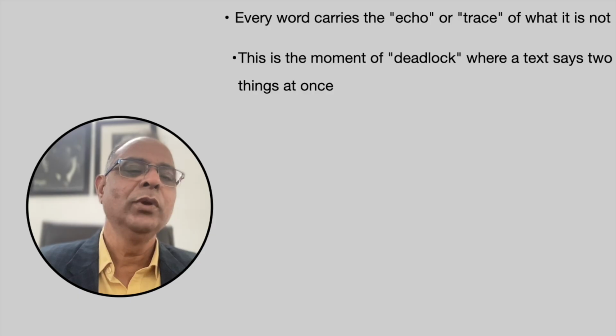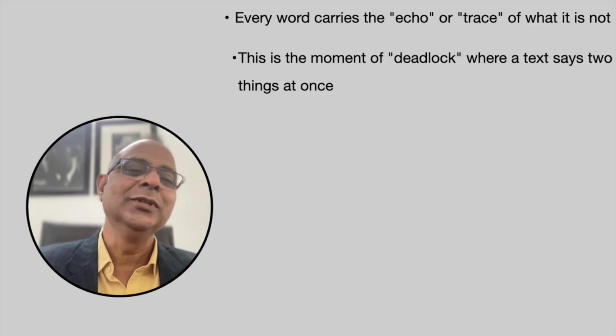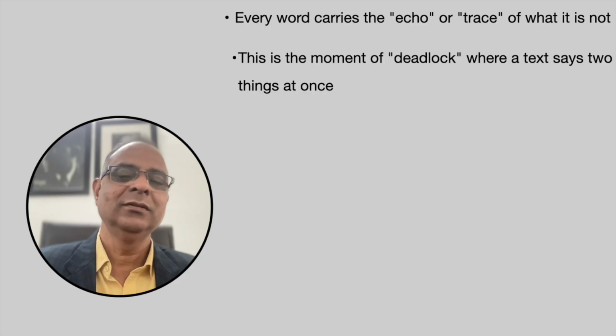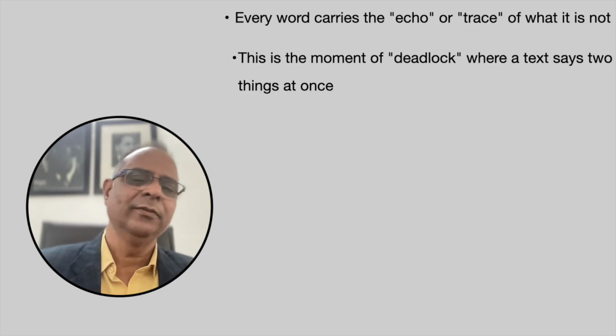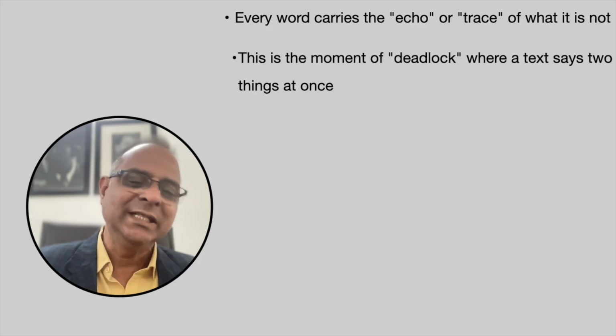Aporia, the moment of deadlock. This is the moment where a text says two things at once. Philosophically known as aporia, this is the central goal of deconstructive reading. It is the point where a text contradicts itself or becomes logically stuck.